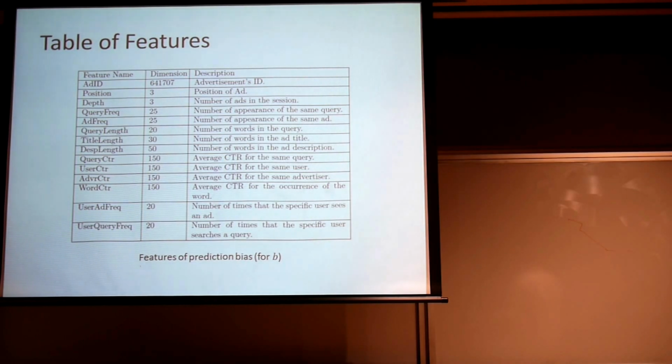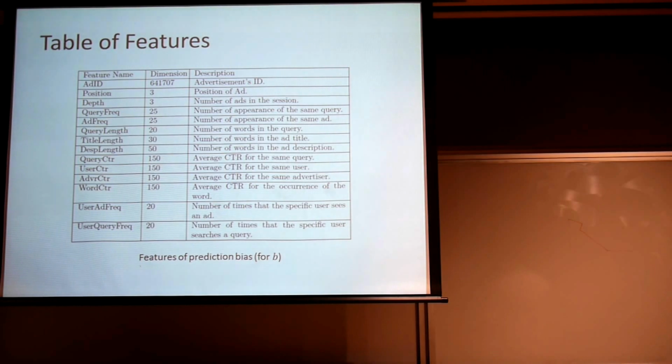Besides the directly available information in the source fields, which is the advertisement ID, the position, and the depth, we have also generated some generalizable characteristics of the data set that could be very helpful for prediction. These characteristics include the frequency of the query, the frequency of the advertisements, the length of sentences like the query, the title, and the description.